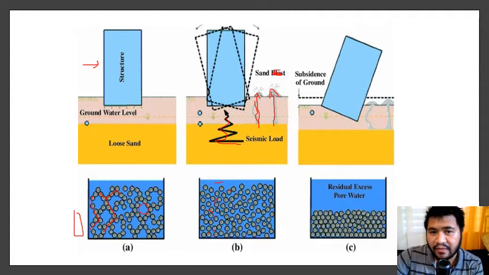Here you have a sand boil forming. Basically, the pore water pressure is high enough that eventually the water will just escape through the cracks in the ground and into the surface.